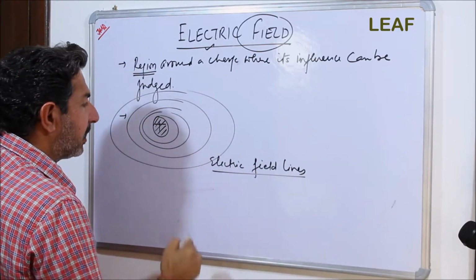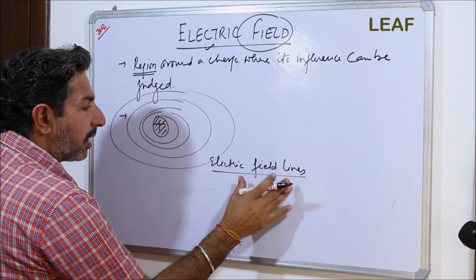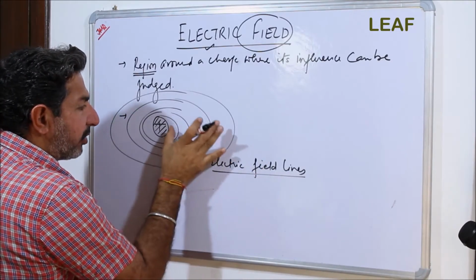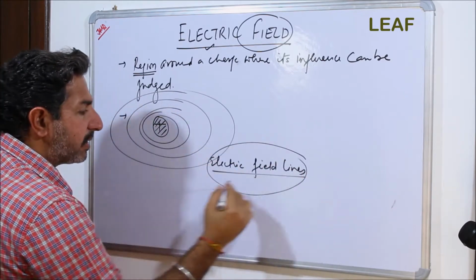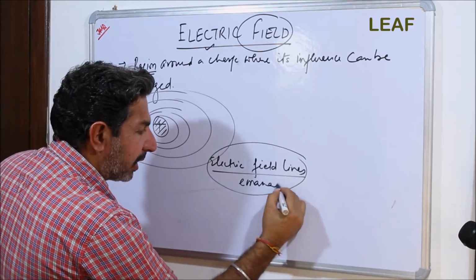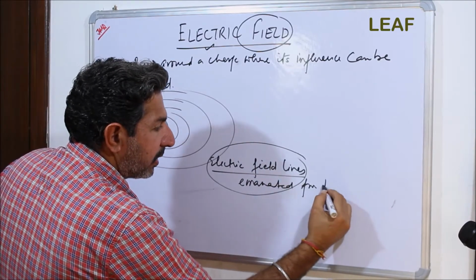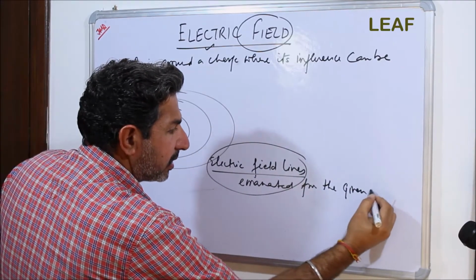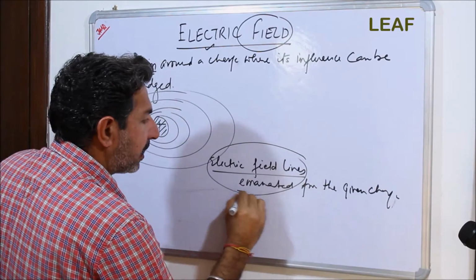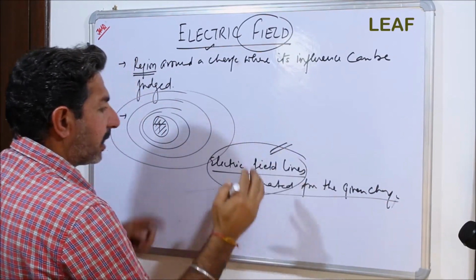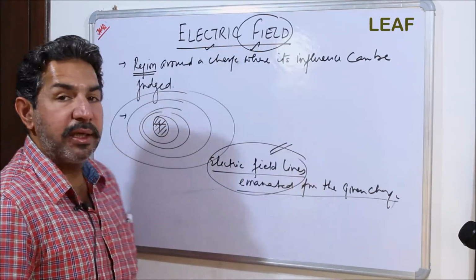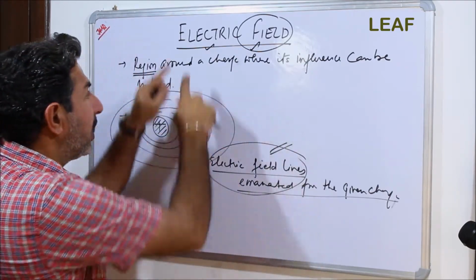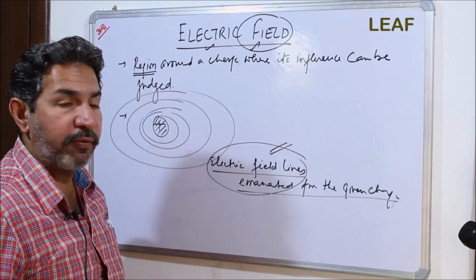It means this complete region is surrounded by electric field lines which emanate from the given charge, and these field lines compositely make the electric field. This is what we have studied in the basic concept of electric field.